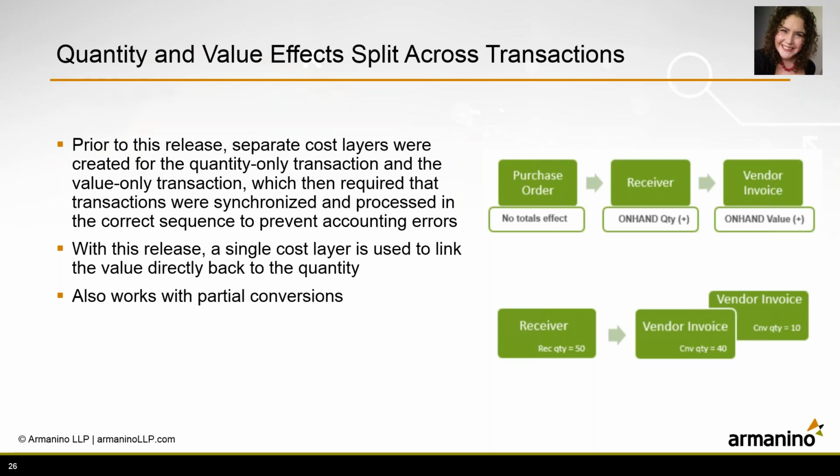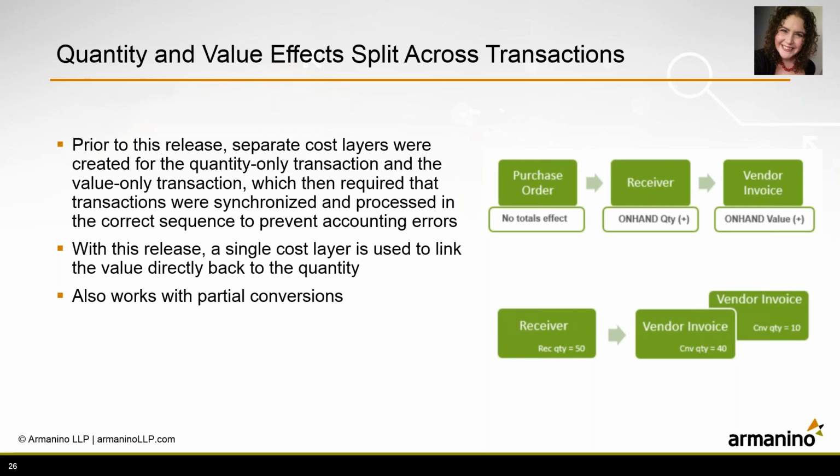And when you get the vendor invoice, you've increased that on-hand value. Prior to this release, separate cost layers were created for the quantity-only transaction and the value-only transaction. So what happened there is then you had to synchronize and process those in the correct sequence.